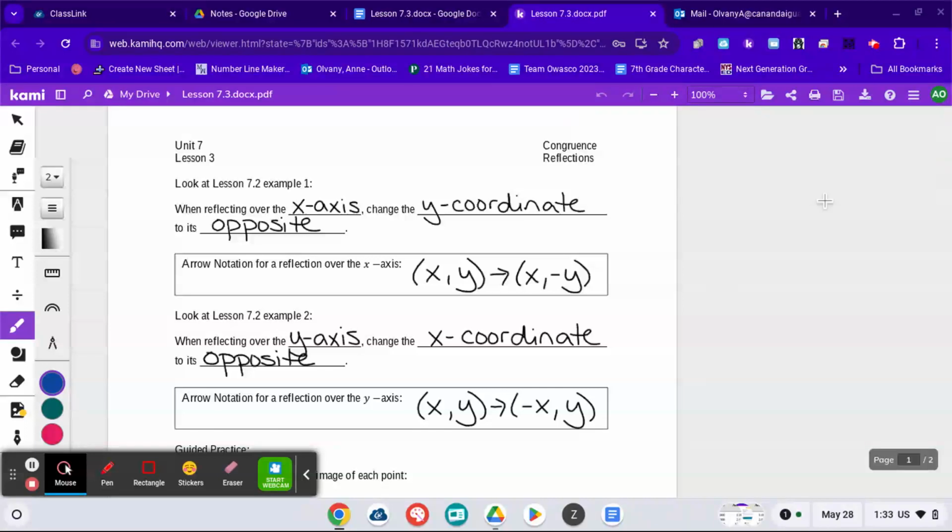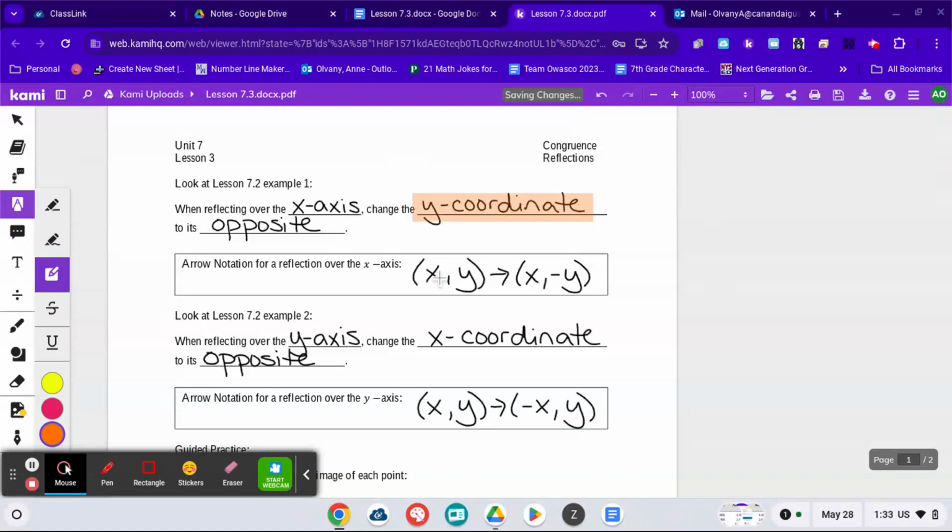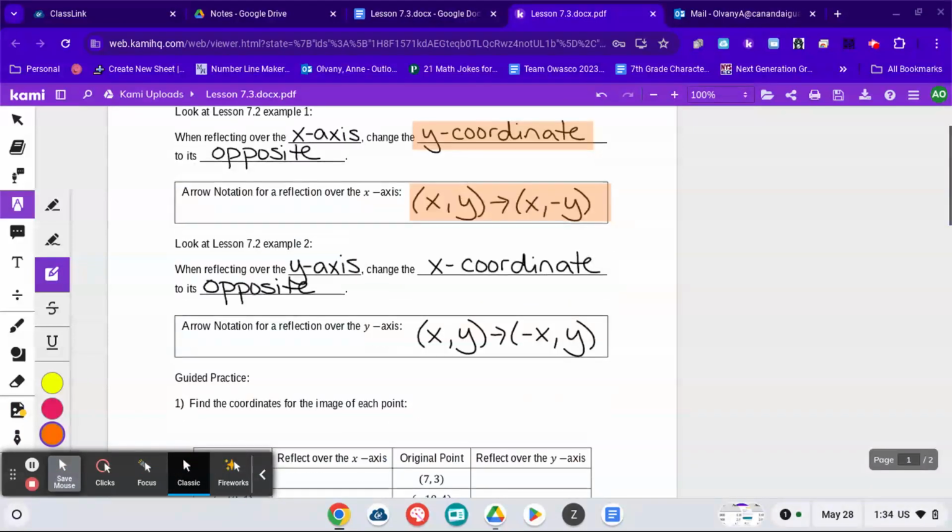So if you're going to reflect over the x-axis, your y coordinate will change. What I like to say is, if you're reflecting over the x, the x stays the same. If it makes you remember it better, you can say if you're flipping over the x, the y changes because it's the opposite here.